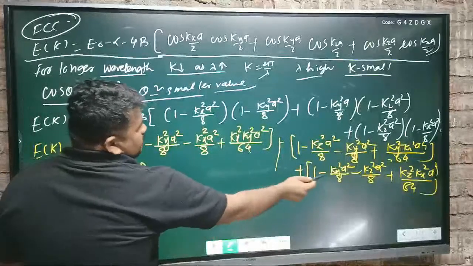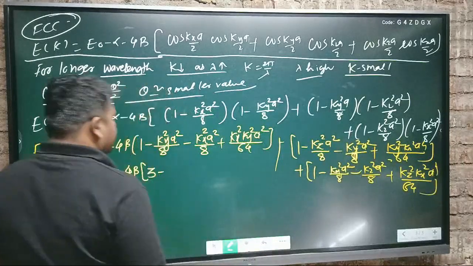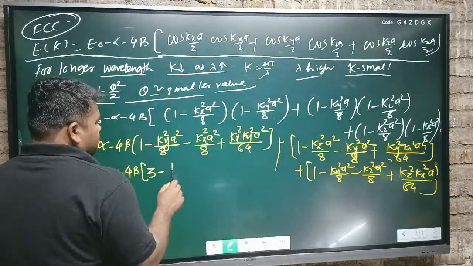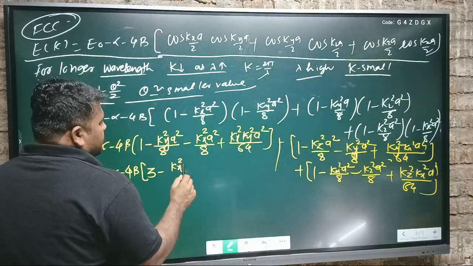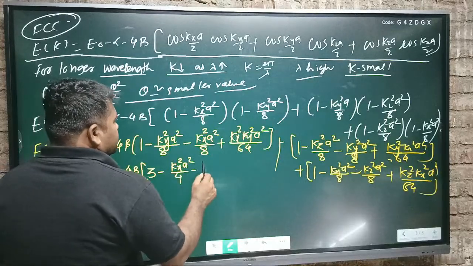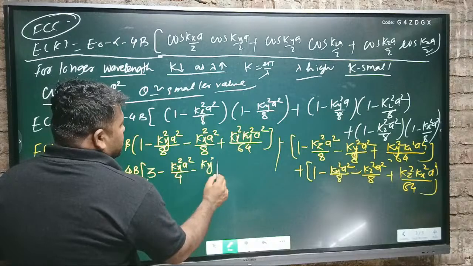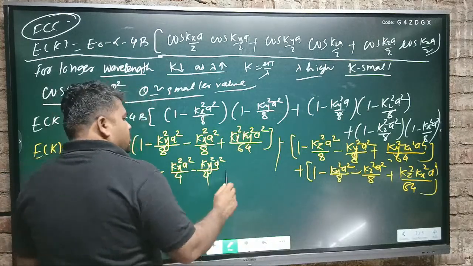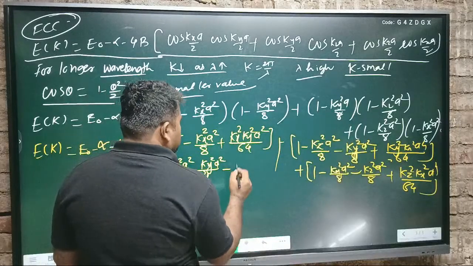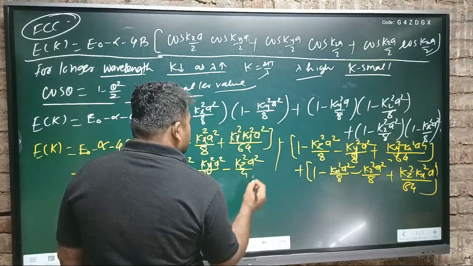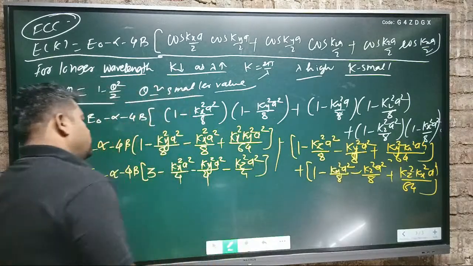This is kx square, it becomes 2 times kx square a square divided by 4. Means we get kx square a square upon 4, minus ky square a square divided by 4, minus kz square a square upon 4.